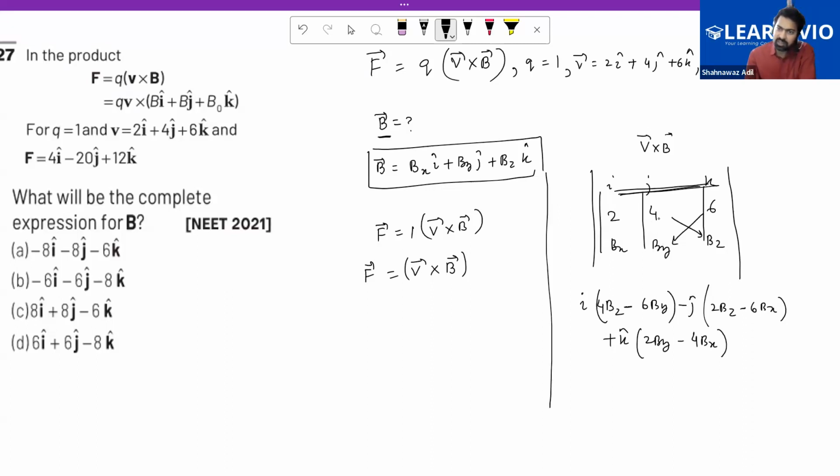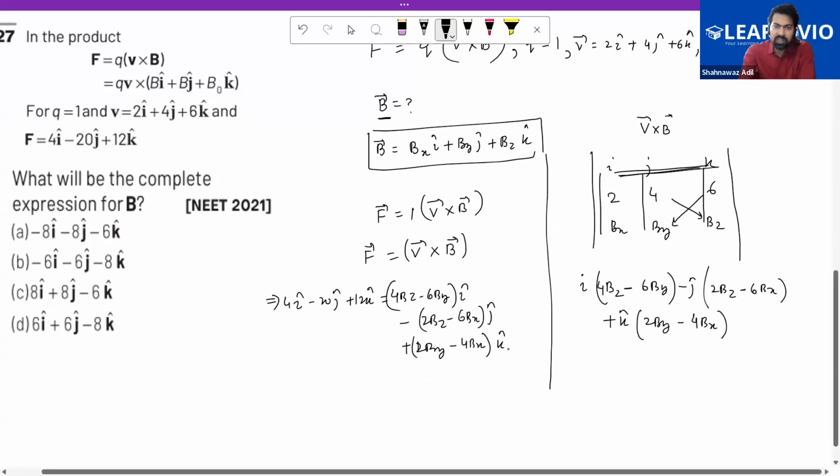So if we write the force, which is given as 4i minus 20j plus 12k, this is equal to (4Bz minus 6By) i hat minus (2Bz minus 6Bx) j hat, plus (2By minus 4Bx) k hat.